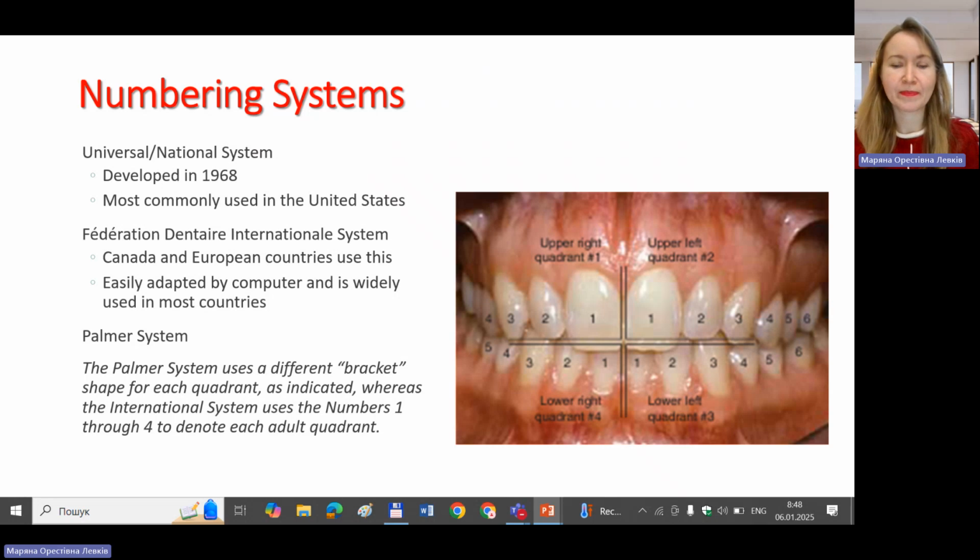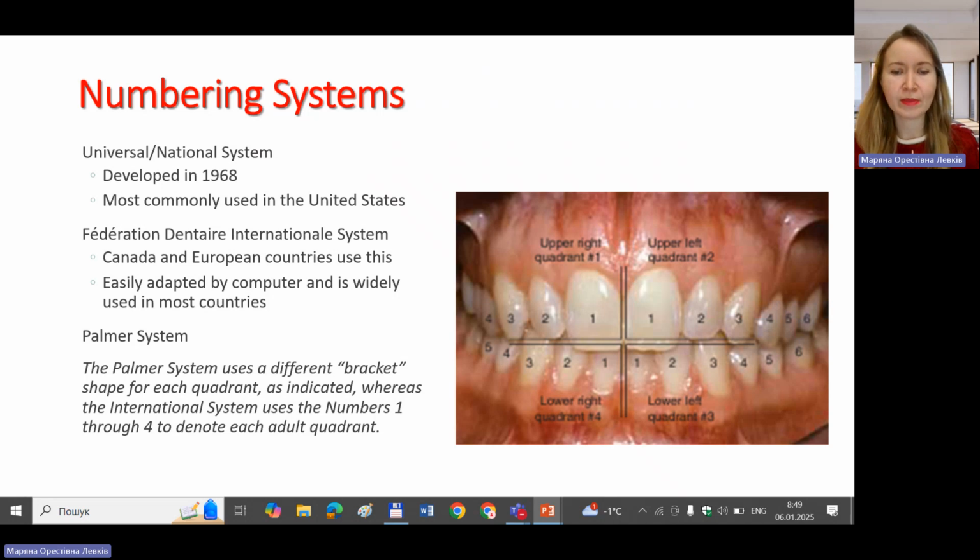Numbering systems can be useful when it comes to tooth notation, so the knowledge of how to denote teeth is essential for a dental assistant. We have a few standard numbering systems that are used in dentistry.